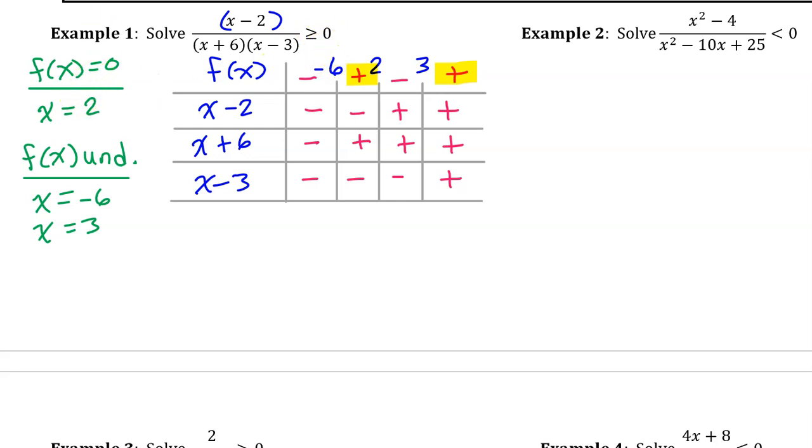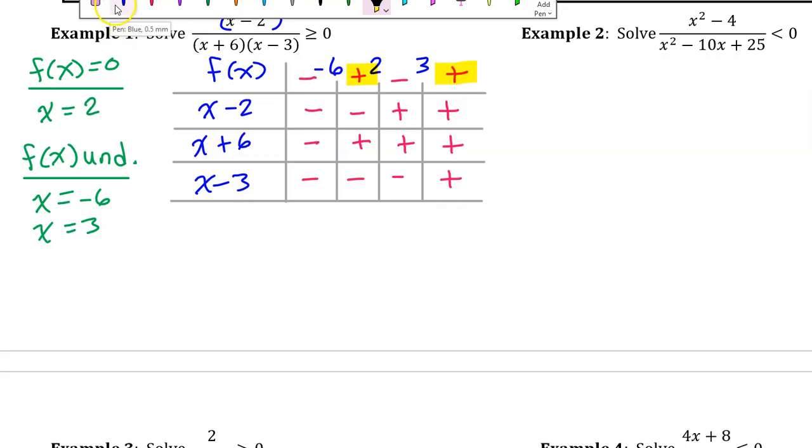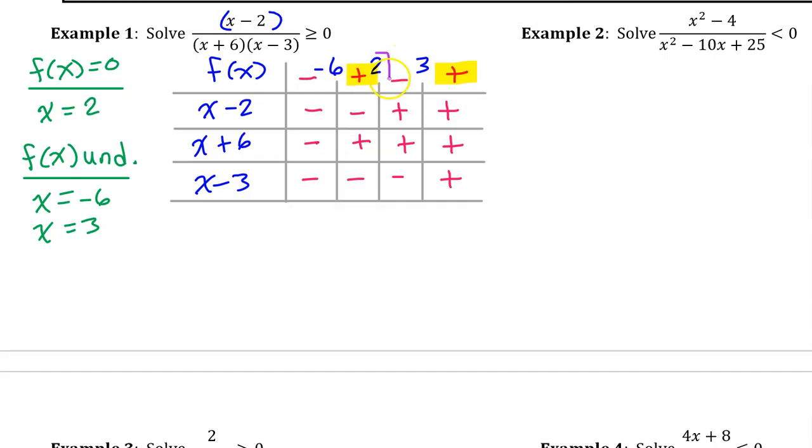F of x equals 0 at x equals 2. So we want to include that. So whenever I do this interval, I'm going to show that 2 is included by putting a bracket on that one. A parenthesis means that that particular endpoint is not included.